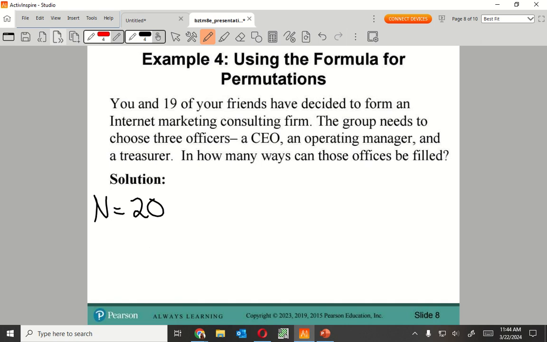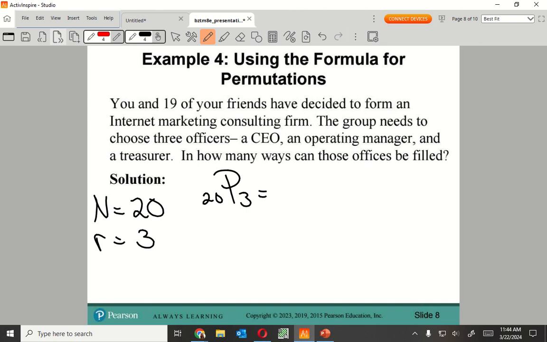And how many are we choosing? I'm choosing 3. So that means my R is 3. So the way that this is going to look as you write this out is going to be 20P3. And there's a reason why I'm writing it like this, because on some of the calculators it will say it like this, but as of right now, it's not.